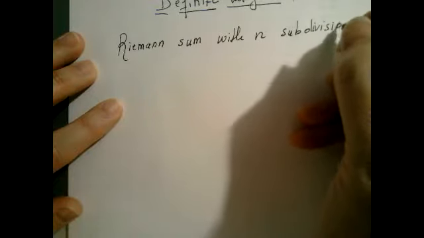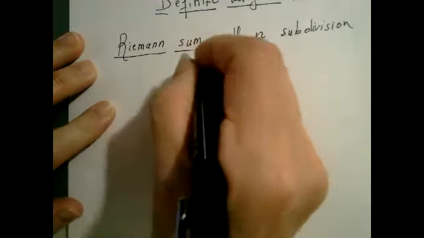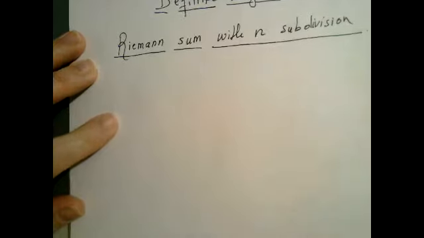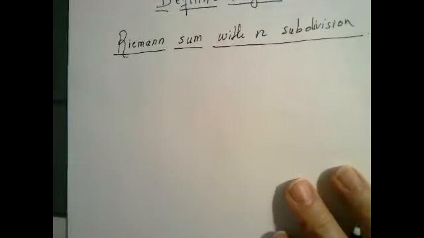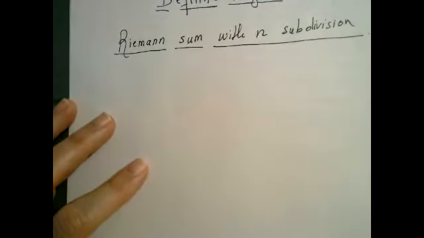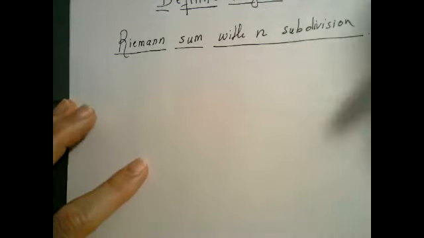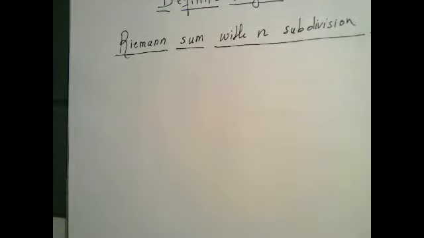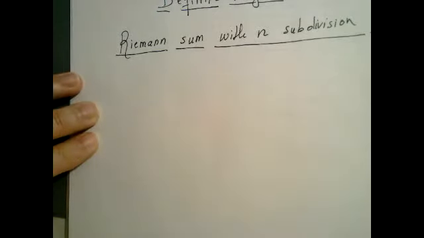In calculus 1, you've seen a lot of that. You saw left Riemann sum and right Riemann sum. I will emphasize only one of them because it does not really matter which one you use. So we're going to talk mainly in this class about the right Riemann sum. So what's a Riemann sum with n subdivisions?